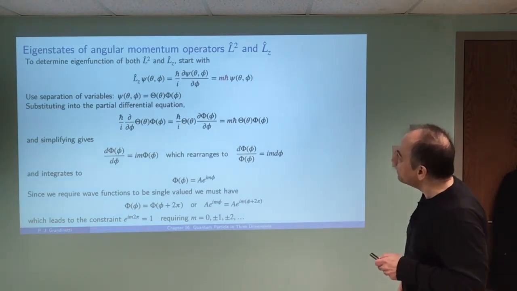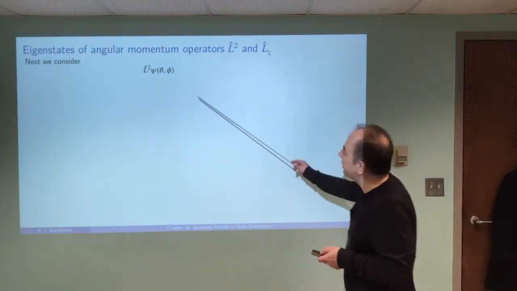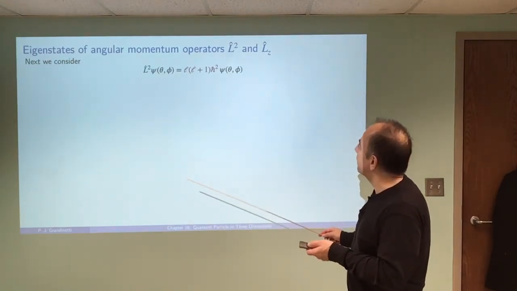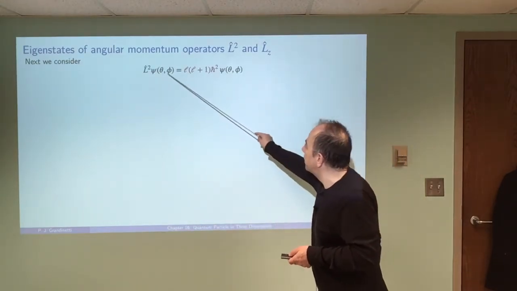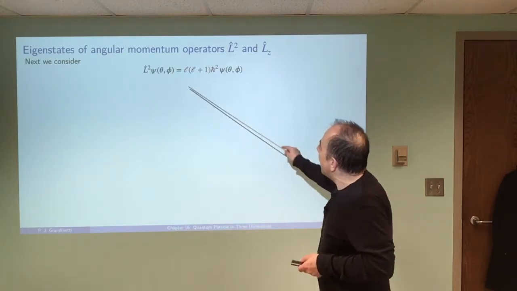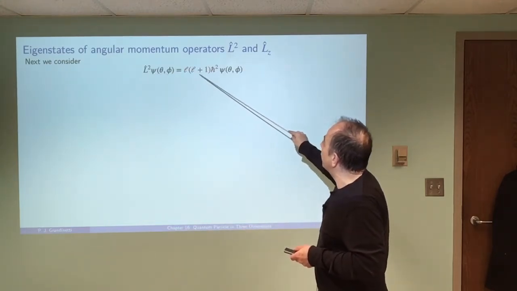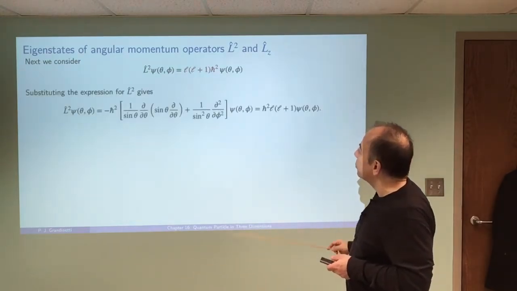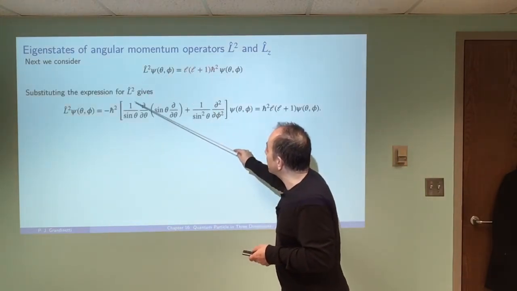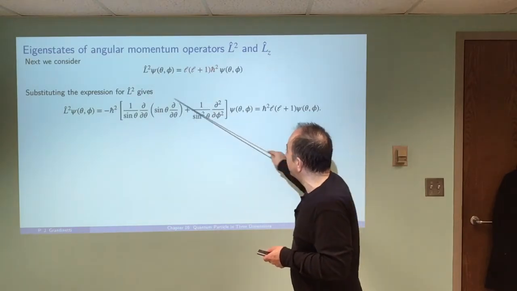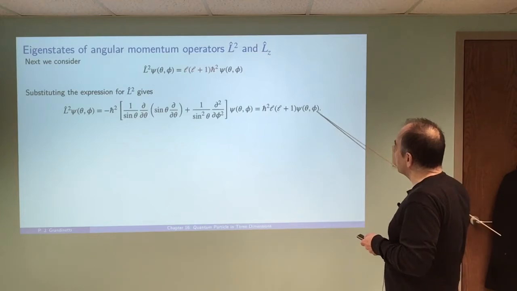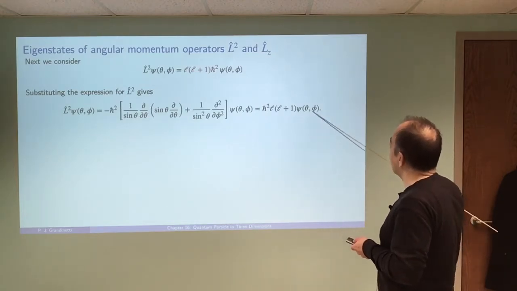Next, we're going to consider the L squared term, and we want to see if we can work out the rest of the derivation for the full theta and phi dependence. We know that L squared operating on the wave function is going to give us this eigenvalue, which we proved in the last video. So I take the full expression for L squared, which we derived a couple of slides ago, and put it in here, equal to the eigenvalue times the wave function.